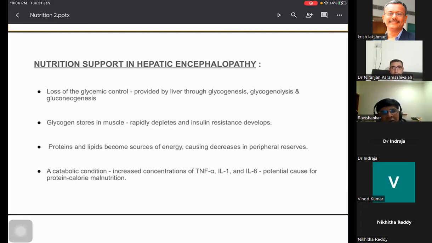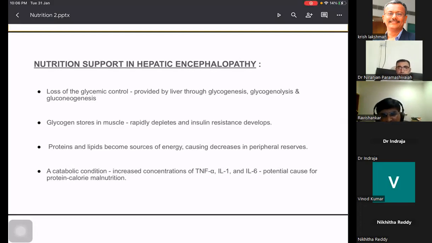Continue. Nutritional support in hepatic encephalopathy. As the liver is not functioning, the person loses glycemic control. The liver control, which is glycogenesis, glycogenolysis, and gluconeogenesis, is lost, leading to rapid depletion of glycogen stores and an increase in insulin resistance.